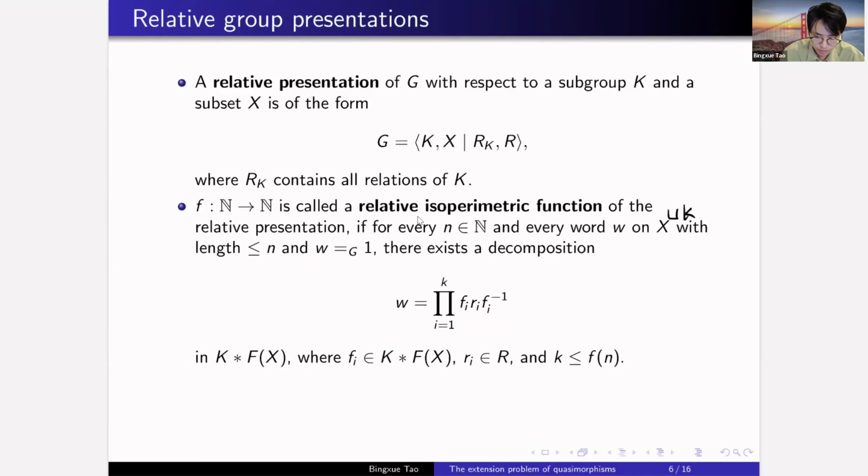So this equality holds in this free product. Here, F(X) means the free group with the basis X. And it is called an isoperimetric function because we always have that this k is at most f(n). So we use f(n) to control the length of this decomposition.